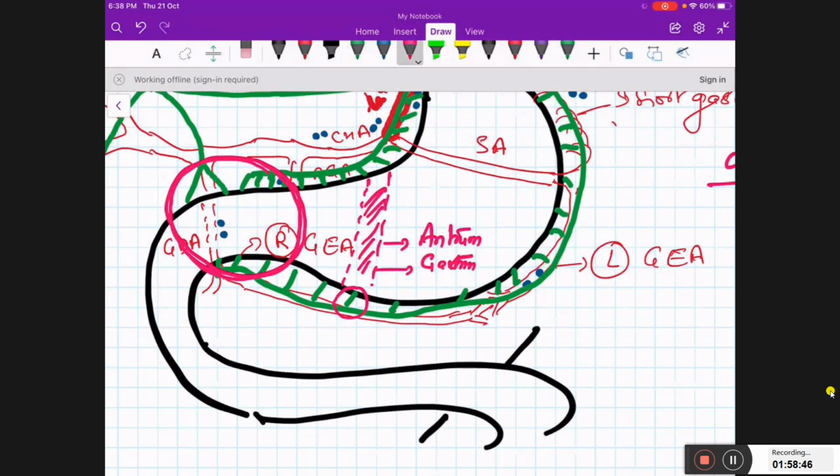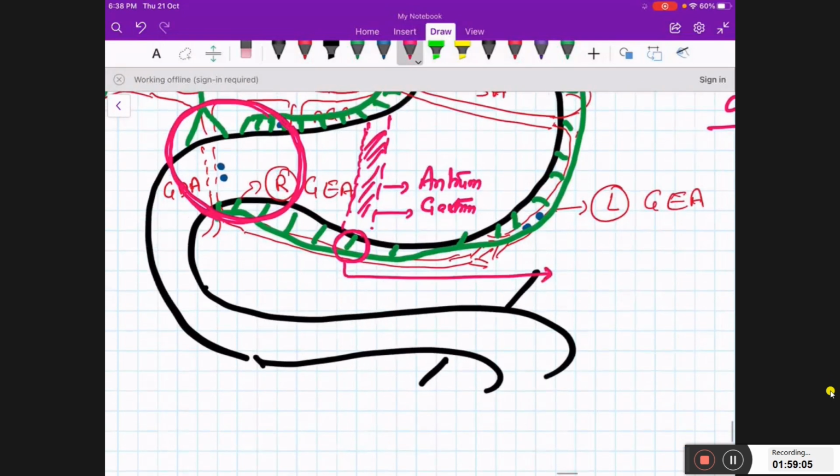This particular branch of the right vagus nerve is called the nerve of Grassi.